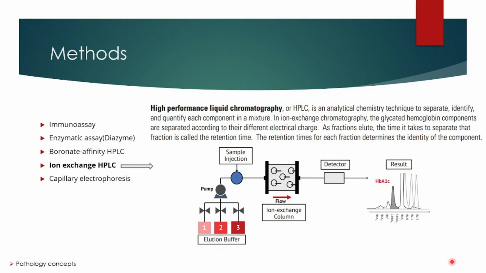Sample and elution buffer run through an ion exchange column and fractions elute according to retention time. Quantitative measurement is taken at the specific retention time for each specific fraction eluted.